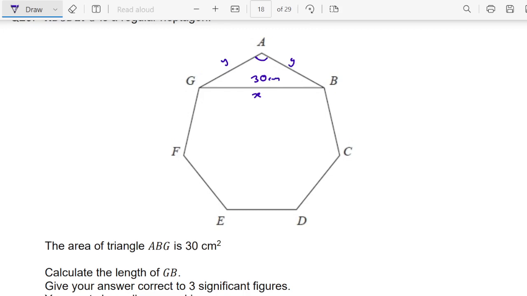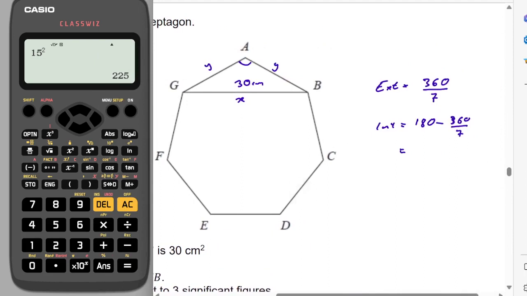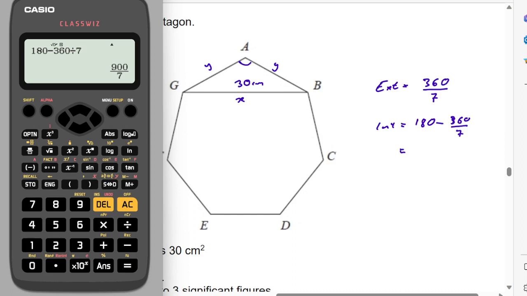Right, so the exterior angle of a regular heptagon will be 360 divided by 7. So the interior angle is going to be equal to 180 minus 360 over 7. That works out to 900 over 7, or 128.57.